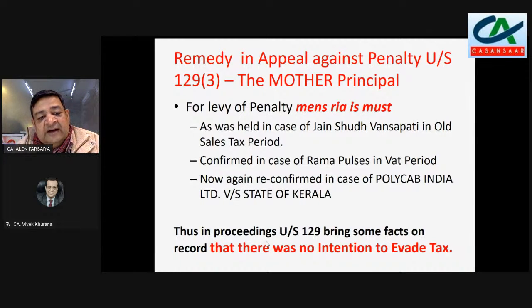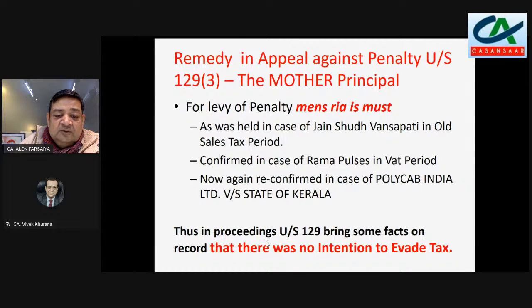And if the malafide intention is not there, only nominal penalties can be levied. Very high pitched penalties cannot be there. Penalties under section 129 are high pitched penalties based on the value of the goods.